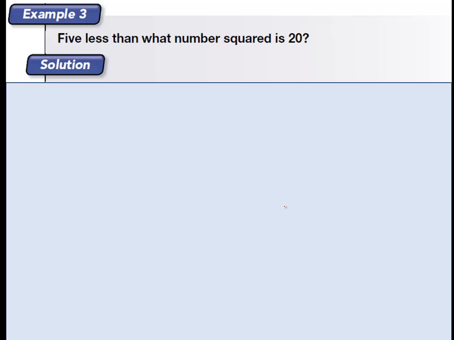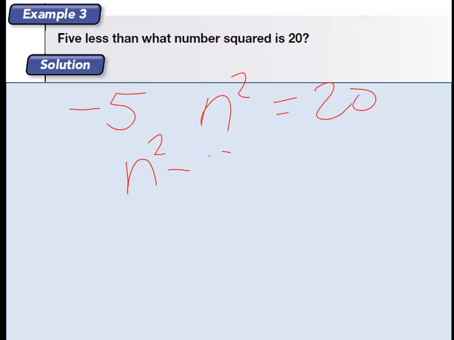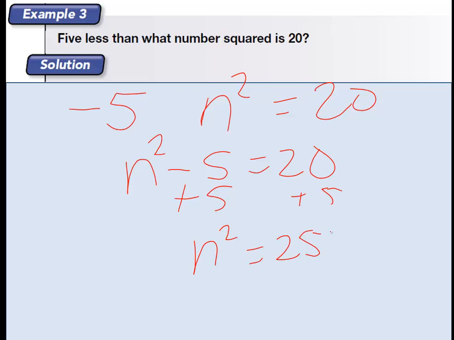What does 5 less equal? That means minus 5, correct? Then what number squared? So any number squared. And "is" means equals, and 20. So let's put that back together so it's a little easier to solve. Let's go ahead and use the commutative property and do n squared minus 5 equals 20. We're allowed to do that. Now we do plus 5 and plus 5. So now we get n squared equals 25.